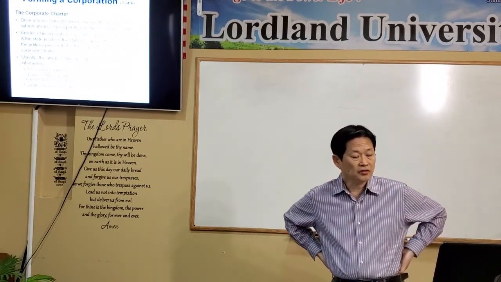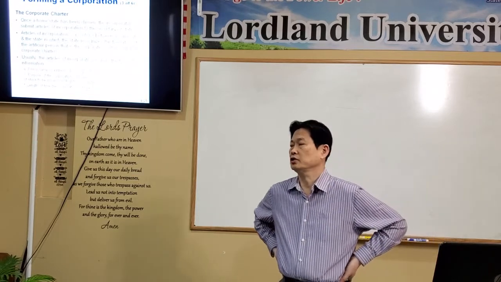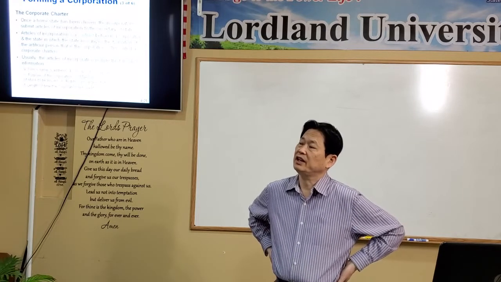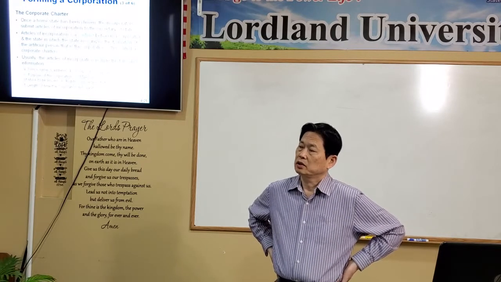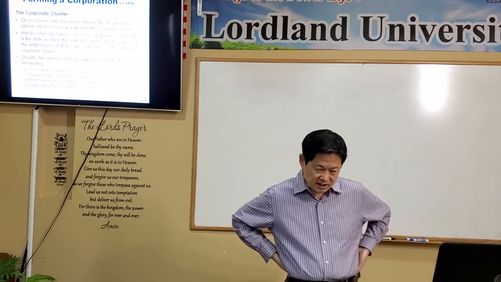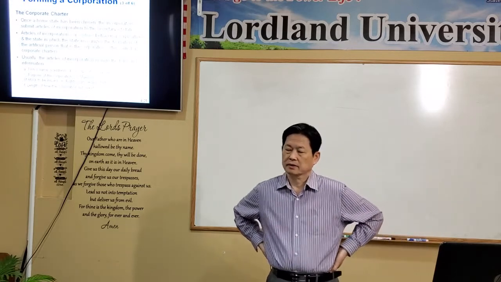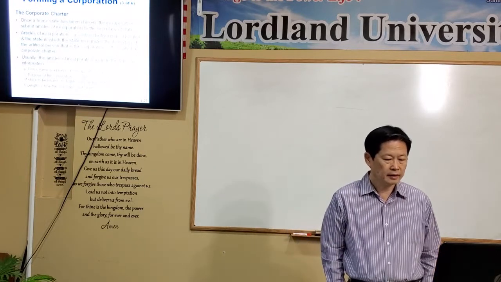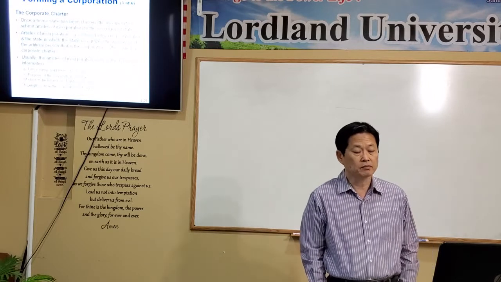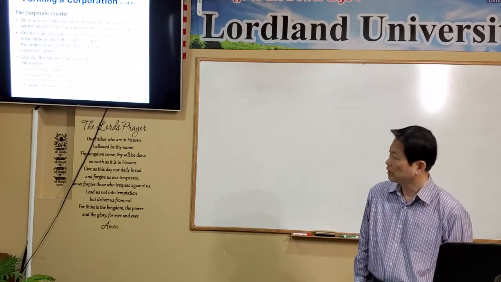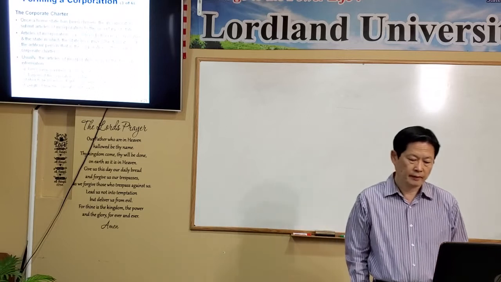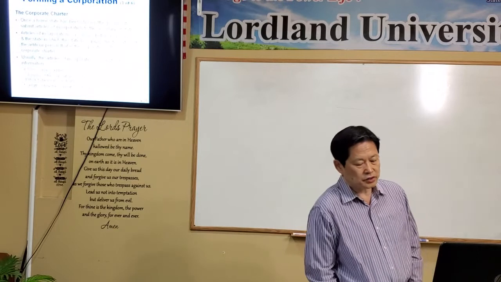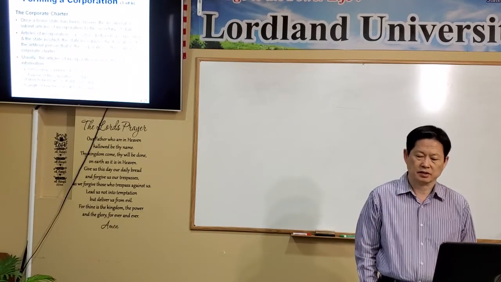In order to file the articles of incorporation, the incorporators must pay a fee to the Secretary of State for forming the corporation. The articles of incorporation must include the following items: the firm's name and address, and the incorporators' names and addresses.